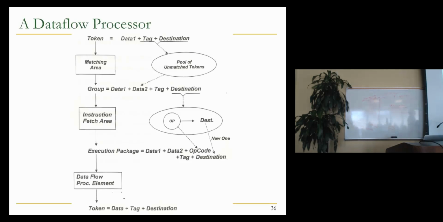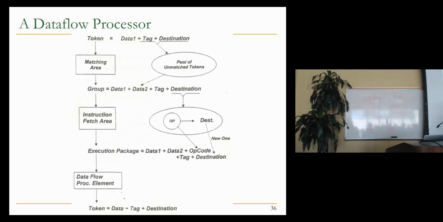Then a group is formed. Basically, a group consists of another packet which contains the tag and the destination for the instruction that is to be fetched, and then the data values, the two source values, assuming that you have two sources for this instruction. Make sense? That's how you match both of the operands.